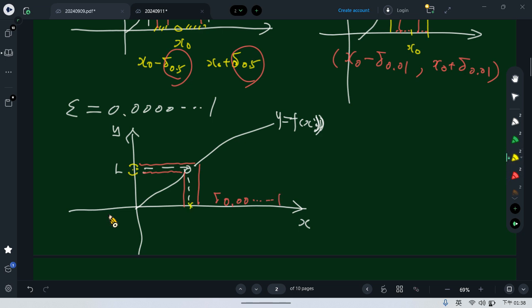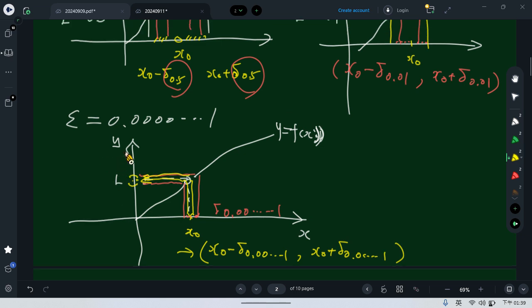This time I still use S0 as the center point. When you use S0 minus delta 0.000 and so on 1 to S0 plus delta 0.000 and so on 1, all points here, when you use them as input for the function, will still fall into the very small range.